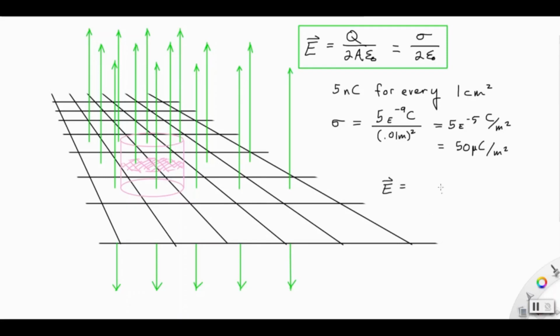The electric field above the plate or below the plate is going to be equal to 2.8 times 10 to the 6 newtons per coulomb. So, this gives you a pretty strong E field just trying to cram together 5 nanocoulombs on every square centimeter. Like I said before, it's very difficult to pile on a lot of charge.